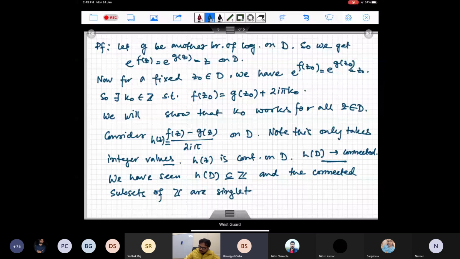So what singleton set should this be? So h of D is equal to which set? Set of integers? No, which set? It's a singleton.